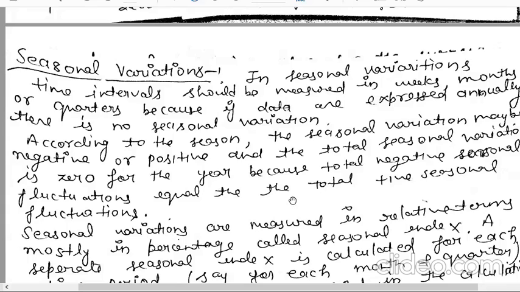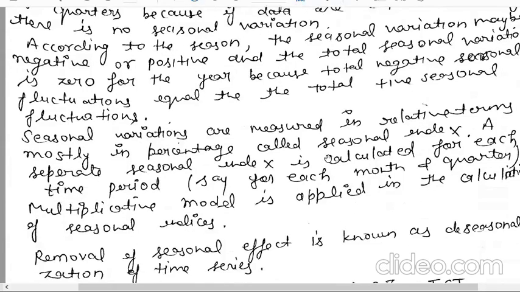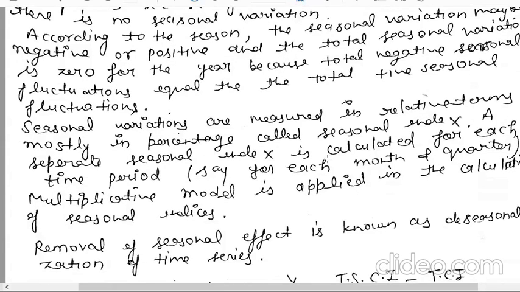Our seasonal variation can be negative, meaning it can decrease, or it can increase, and if we take the average of both, it will be 0, right? Seasonal variations are measured in relative terms, mostly in percentage, called the seasonal index. A separate seasonal index is calculated for each time period, say for each month and quarter, right?